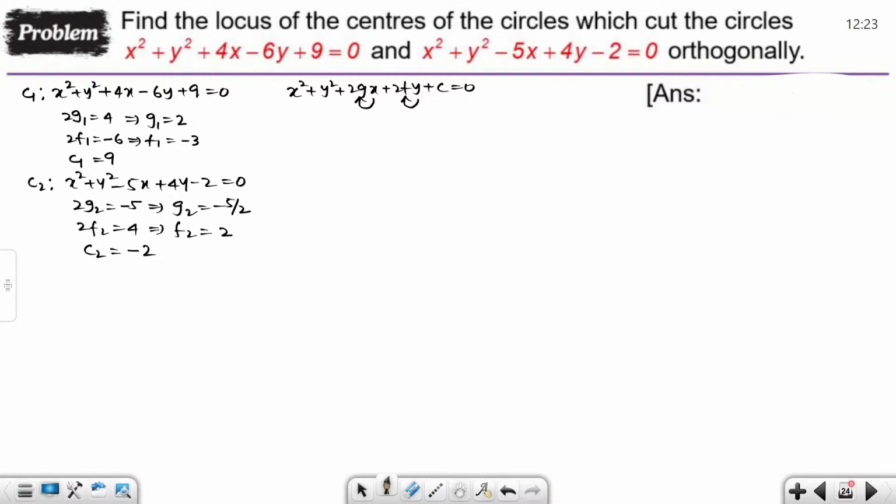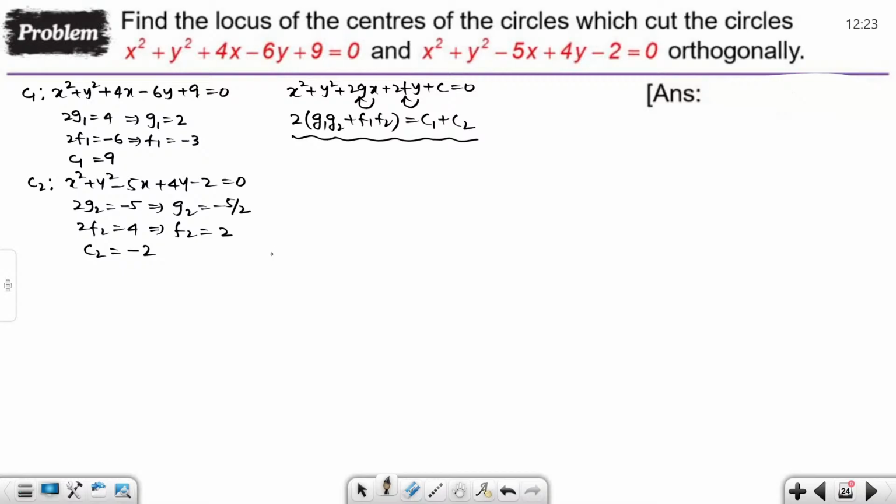Now you have to find out the locus of the center of that circle which cuts these two circles orthogonally. And we know that the condition for orthogonality is that 2 times (g1 g2 plus f1 f2) will be equal to c1 plus c2. For any two circles intersecting each other orthogonally, the condition is this, right?